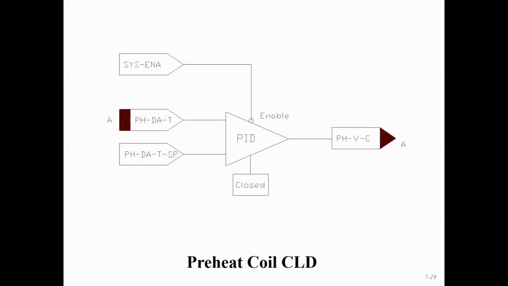So that can be represented here with this control loop, and we see that same input, the preheat discharge air temperature, as an analog signal coming from a piece of hardware like an averaging sensor, and we have this output, the preheat valve command, that is also related to the hardware and is leaving the controller and being sent to the valve.